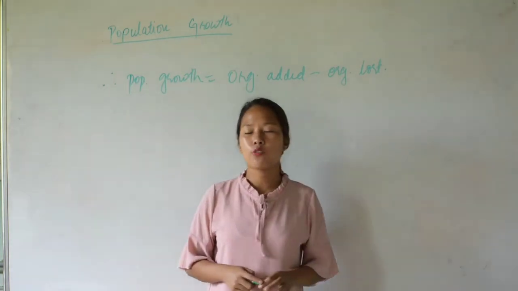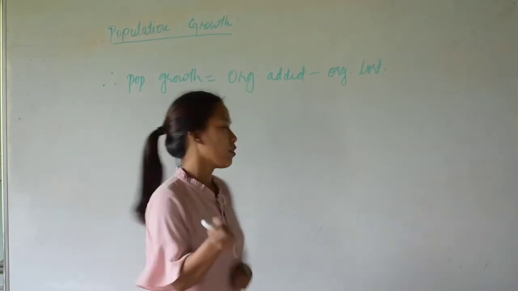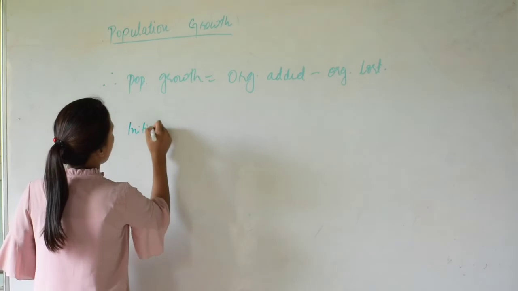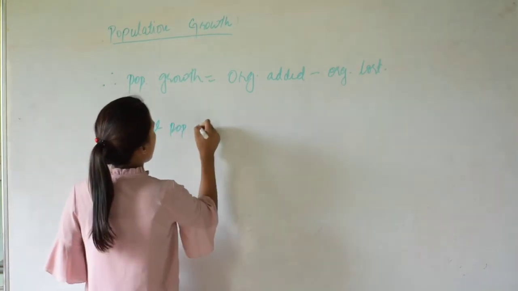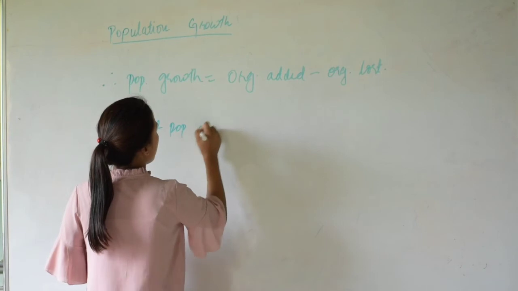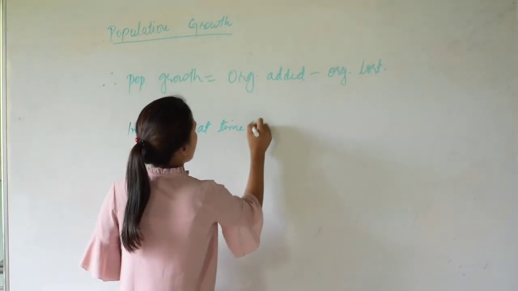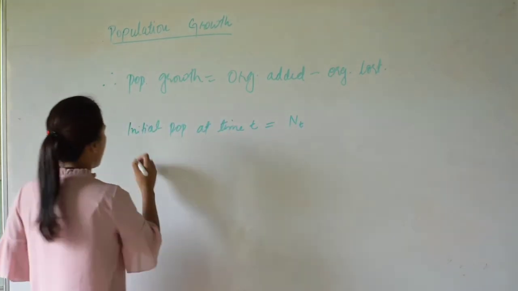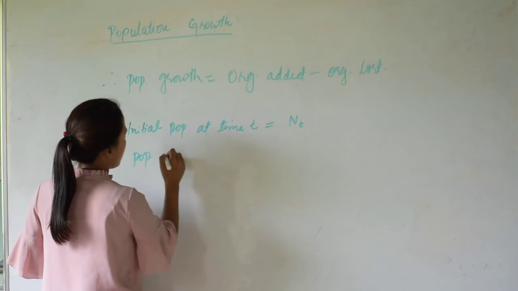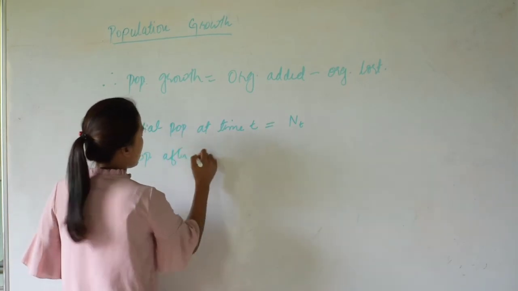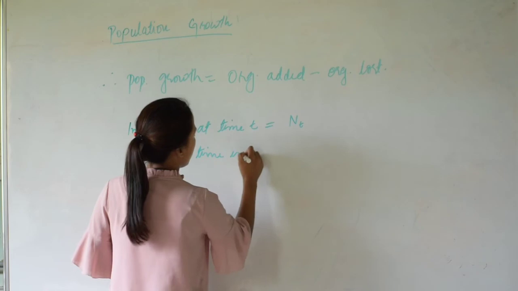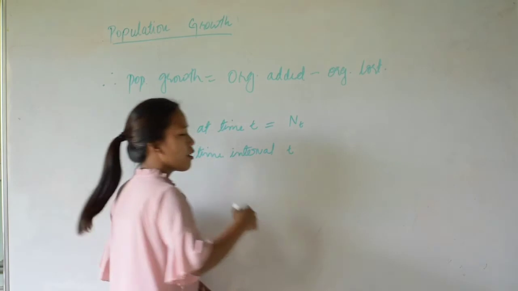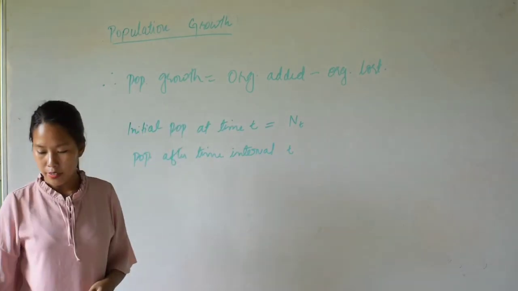Now let us derive an equation to find out the population growth. Suppose the initial population at time t is designated by N t, and the population after a time interval. The time interval can be a week, a month, or a year.